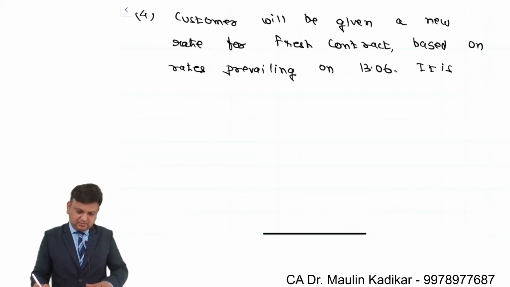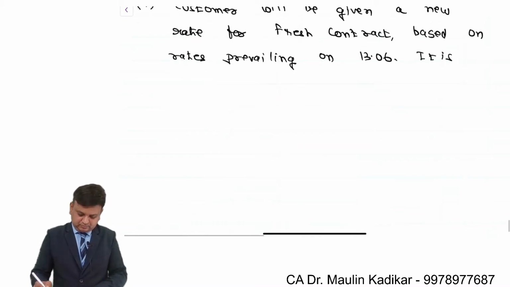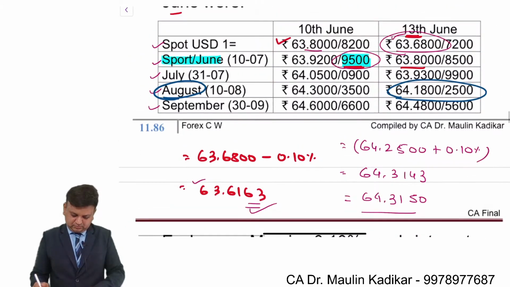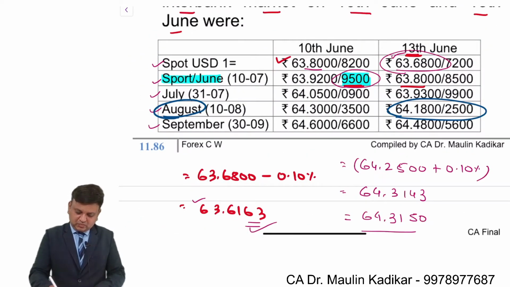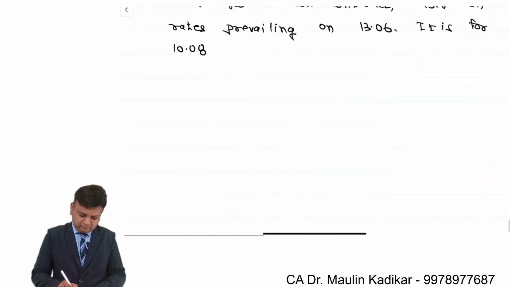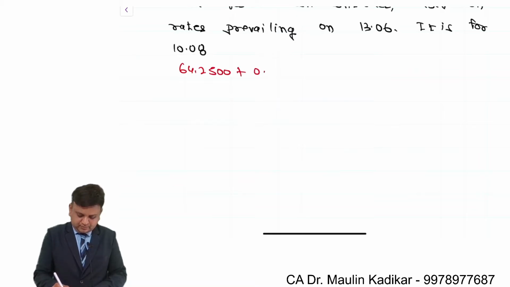It is for 10th of August. So 64.25 plus 0.10 percentage.